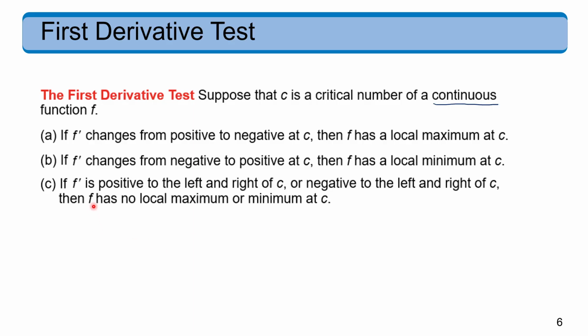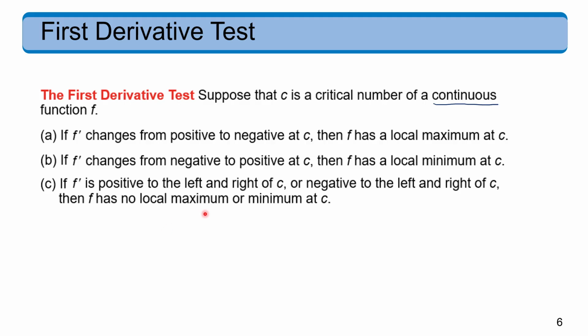And then the third possibility is at your critical point c, it might be that f prime is positive on both sides. So on the subinterval to the left, f prime is positive, and on the subinterval to the right of c, f prime is also positive. That means it doesn't change, it stays increasing.